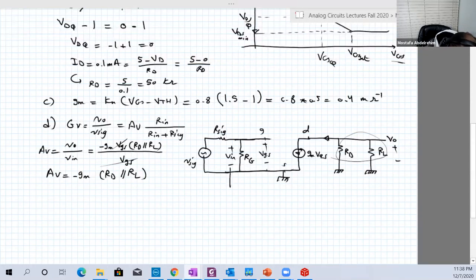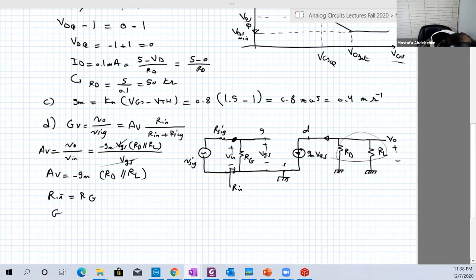So our input is the resistance that the source signal sees. When we look from the terminals of source signal, we should see our input. So it is basically RG. So our input here is equal to RG. The resistance between these two terminals is RG.